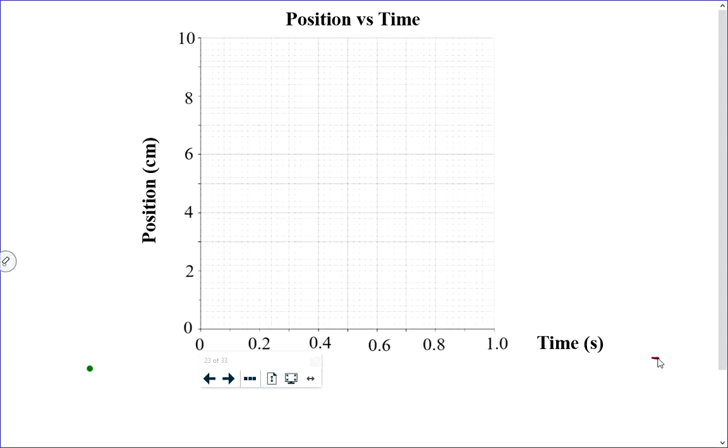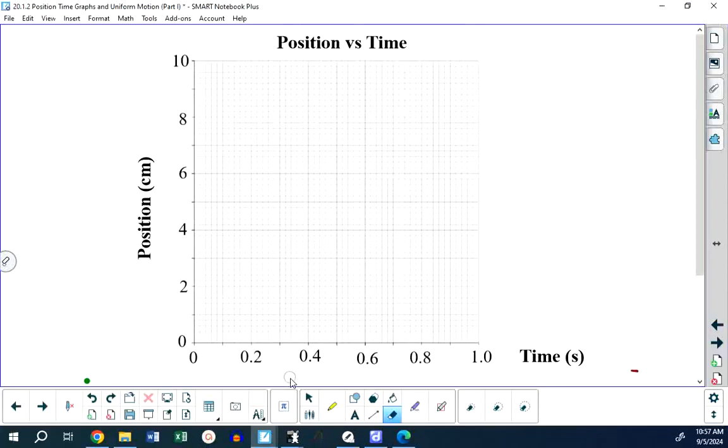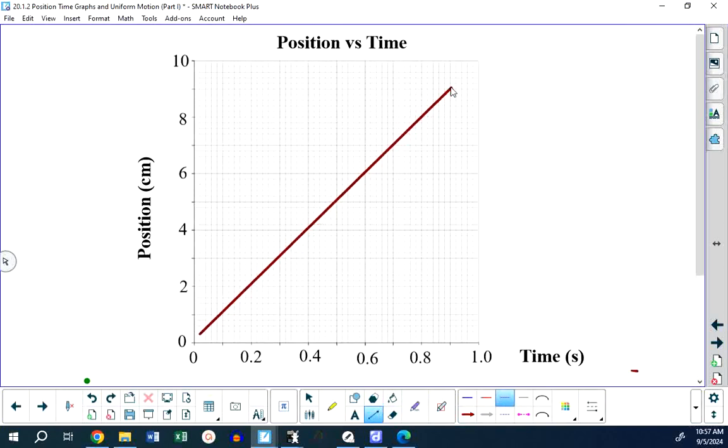And if this is your line, one final thing here: do not choose a point here and a point here to find your slope. Choose points that are further away from each other.